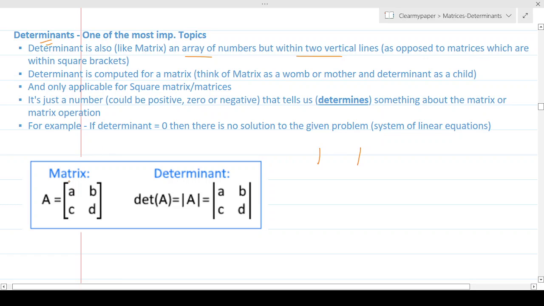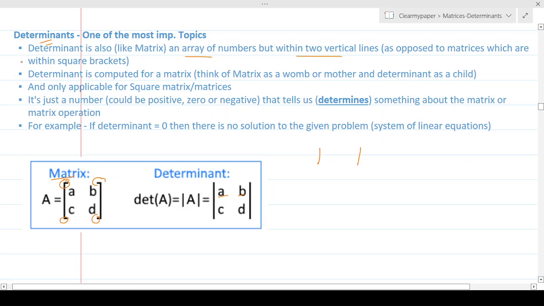Although it's a very cheesy way to explain that, you're focusing on the exam, so just focus on this. Matrices mean you're going to put in square brackets over here. This piece is important. And determinant is just between two vertical lines, but the arrangement of the numbers within those two brackets or vertical lines remains the same.